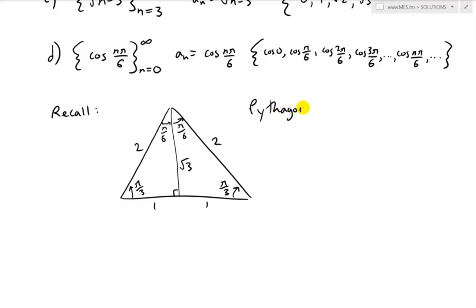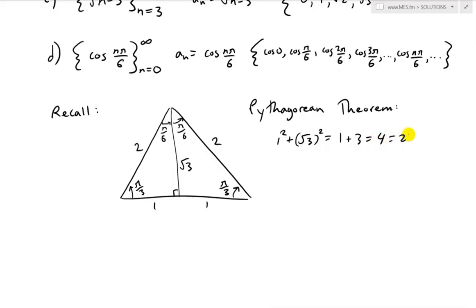So then the height here is just going to be square root 3, and you can recall the Pythagorean theorem. Let's write this better. And then what we should have is the square of this side, 1 squared, plus the square of this side, the square root of 3 squared, of a right angle triangle, has to equal 1 plus 3, which is 4.